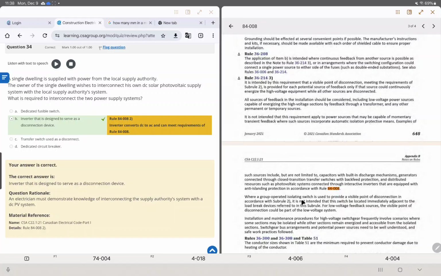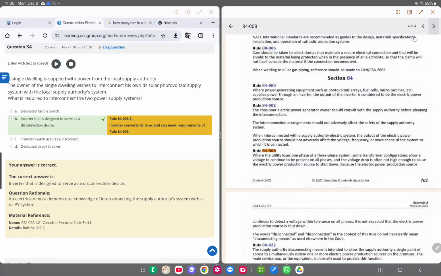Where a group operated isolated switch is used, visible point of disconnection in accordance with. It's not intended that this switch be located immediately adjacent to the load device referred to in subrule for low voltage feedback. The visible point of disconnection could be part of the low voltage. Anyways, it's kind of saying something similar without actually going to this rule.